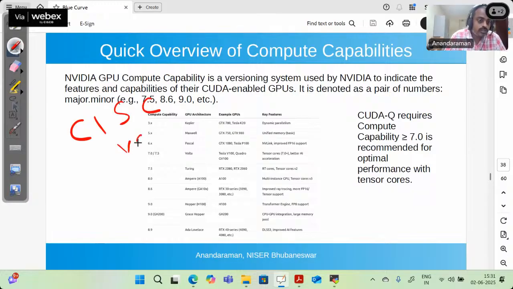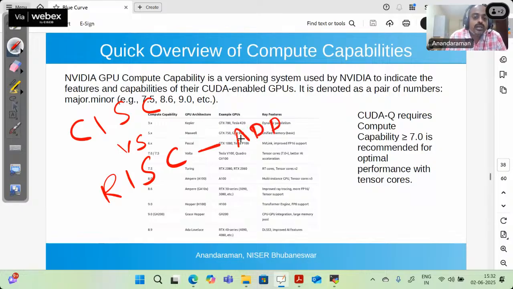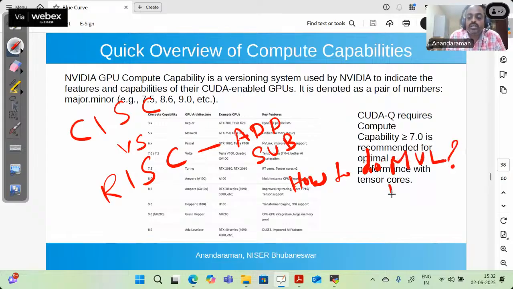For example, in RISC, if you have only add and subtract instructions, how will you do multiplication, division, etc.?